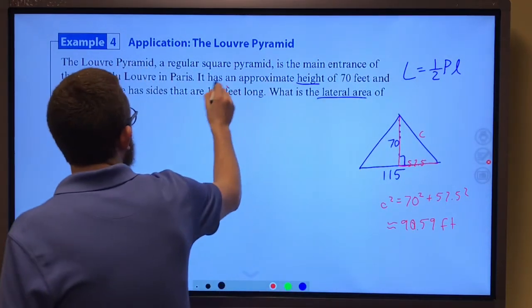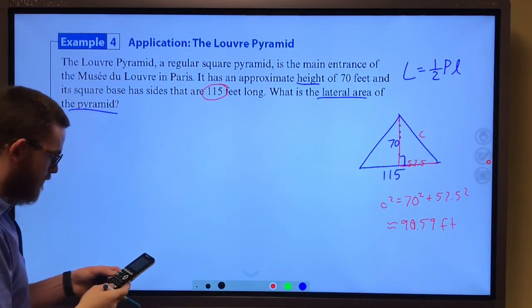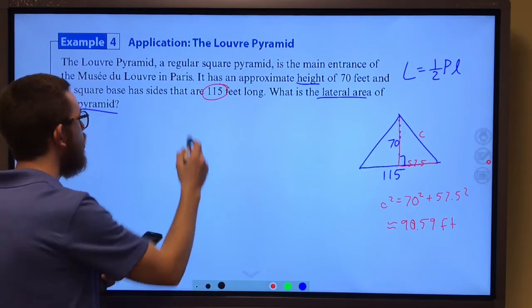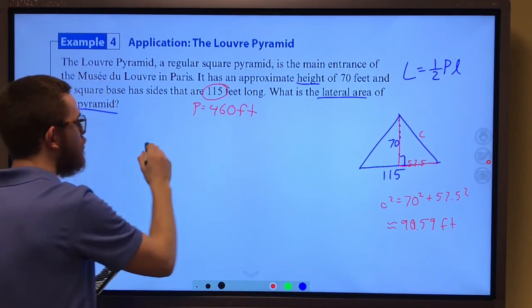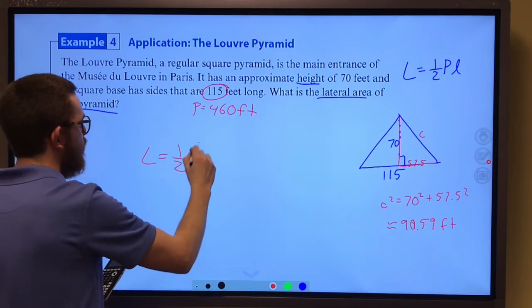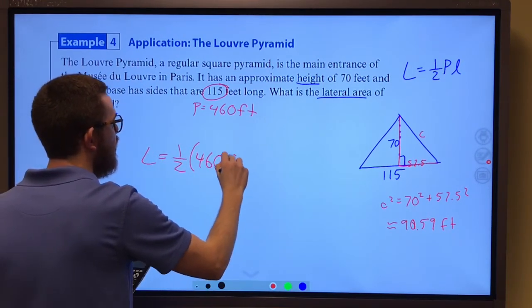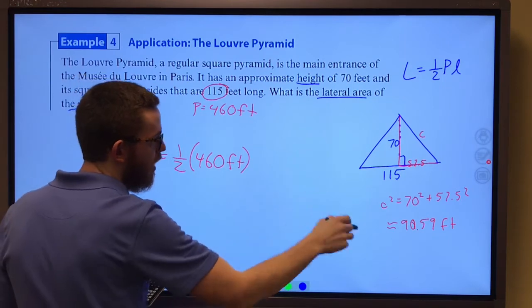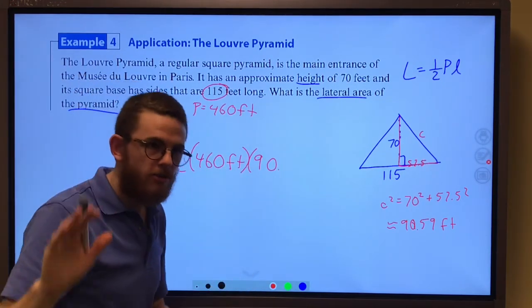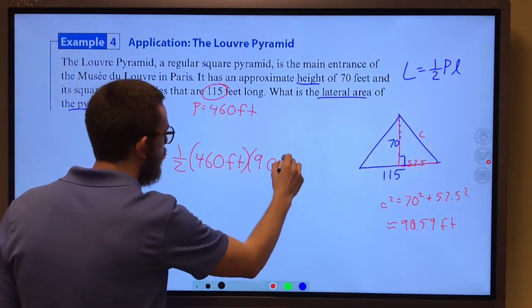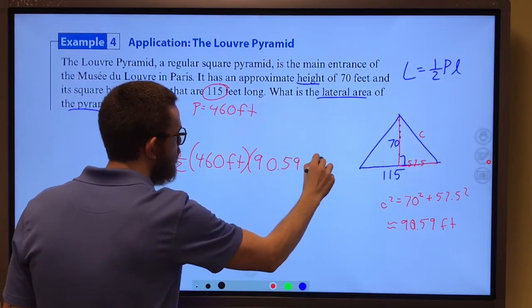And we plug these things in. Well, we know the square base 115 times 4 gives us a perimeter of 460 feet. And so our lateral area is 1/2 times 460 feet times our slant height of 90.59 feet.